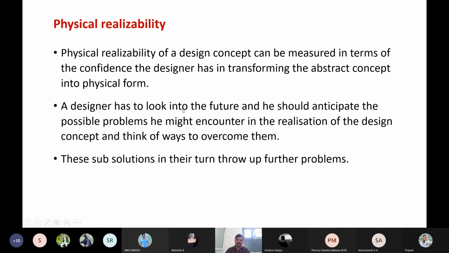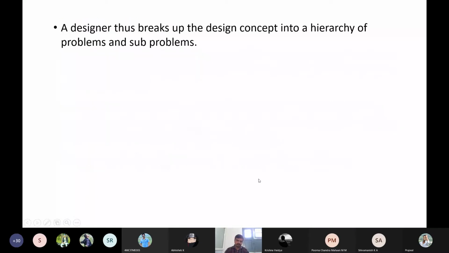And if you go on evaluating each possible solution, you may get a few more problems related to those sub-solutions. Like that, these problems and solutions will form a hierarchy.